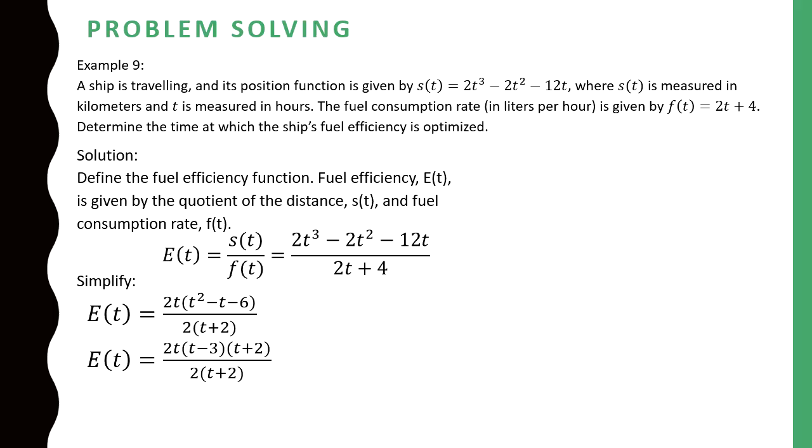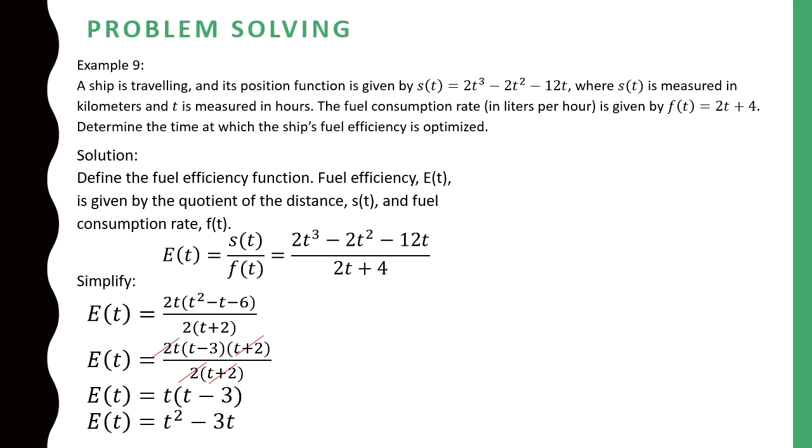And looking at our function, we can cancel out the common factors 2 and t plus 2. Hence, we only get t times t minus 3, or using our distributive property, we get t squared minus 3t.